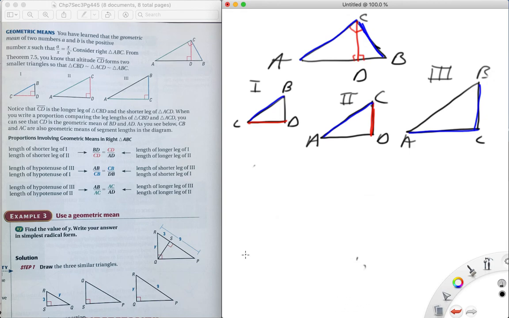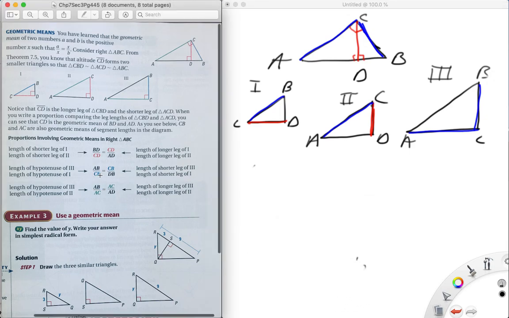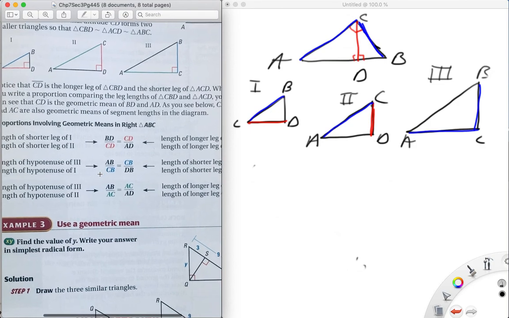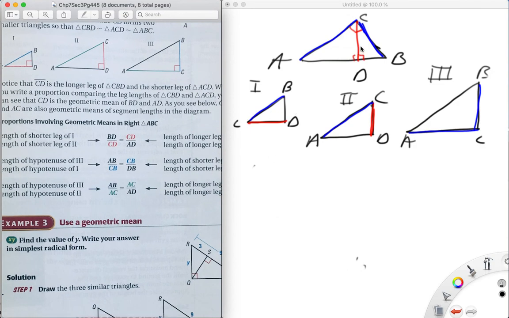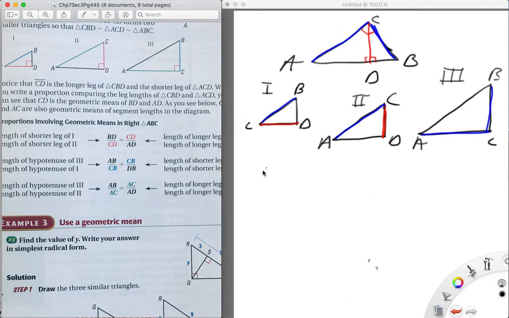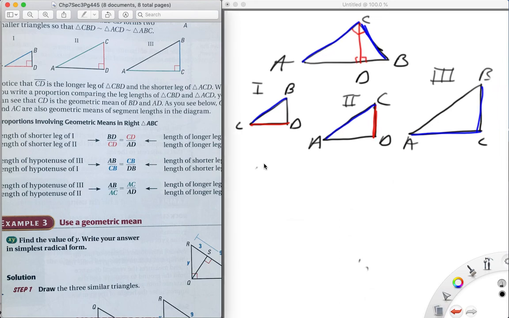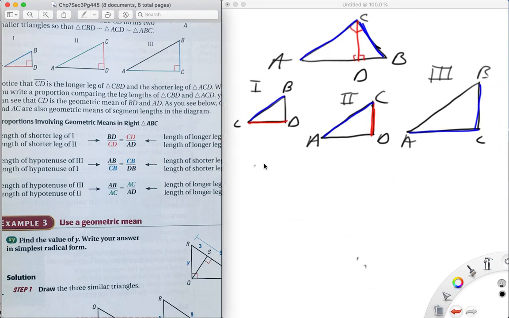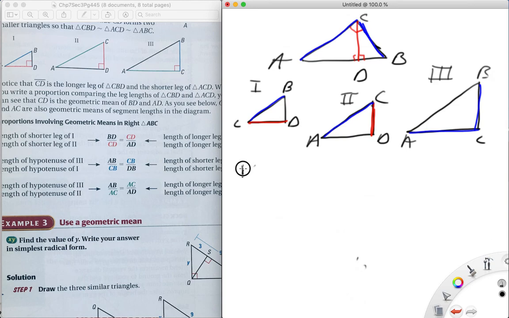The first one they give us is BD. This is the short leg of the shorter triangle. So you have BD over, and this is the side that they share.